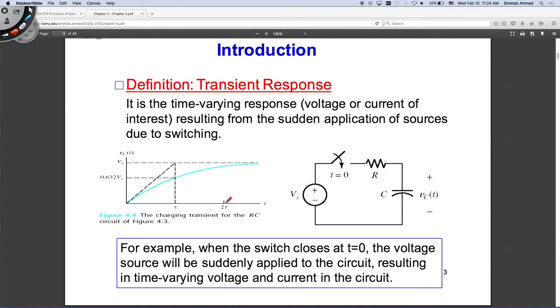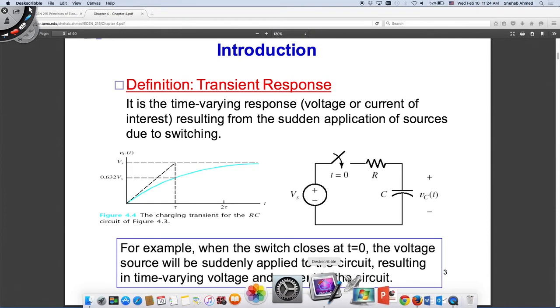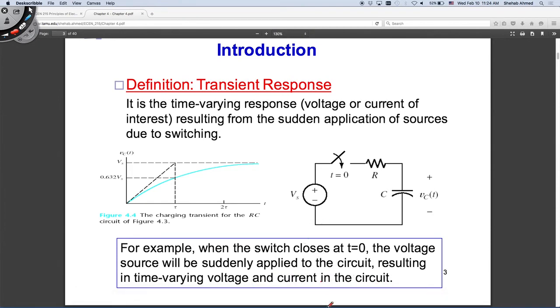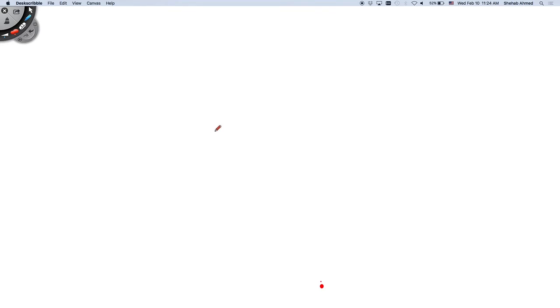This question. Please find the values of I1 and I2 in the figure. So let's see.